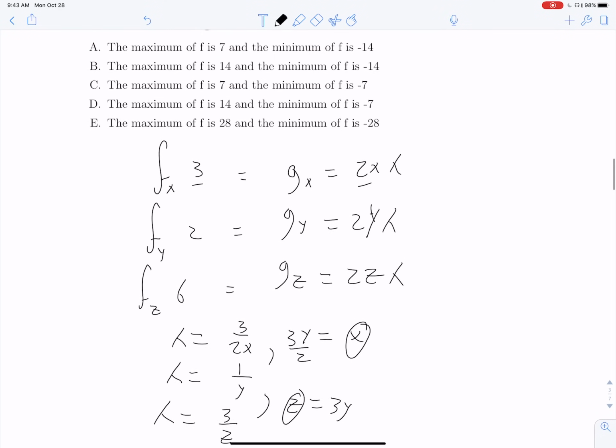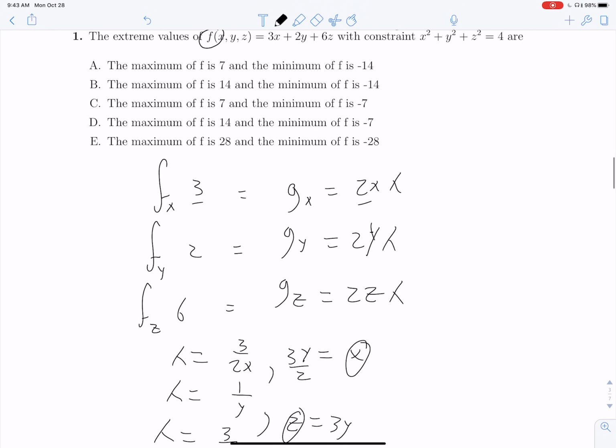We can replace our x squared here with 3 over 2 y squared. Our y squared stays the same, and our z squared is 3y squared, that's still equal to 4. So expanding all this out, we get 9 over 4 y squared plus y squared plus 9y squared equals 4.